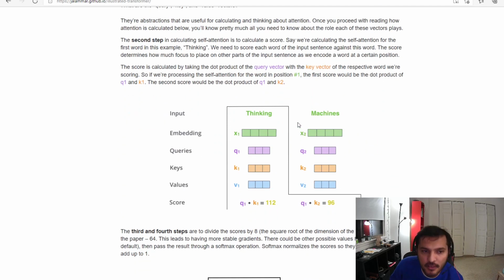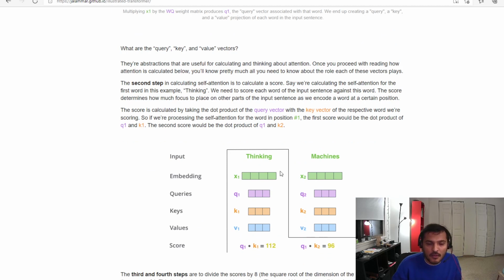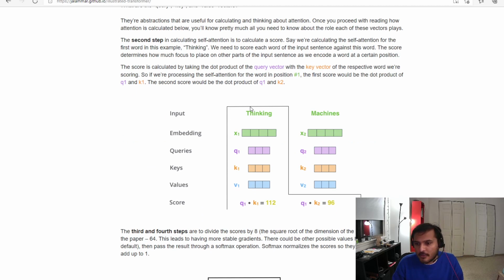Okay, now how do we generate the scores? What we have done is mapped these words into their separate vectors in the query space, in the key space, and the value space. So I have query, key, and value for "thinking machine". Now I will compute a dot product. When I want to know the attention of the word thinking, that's my query.